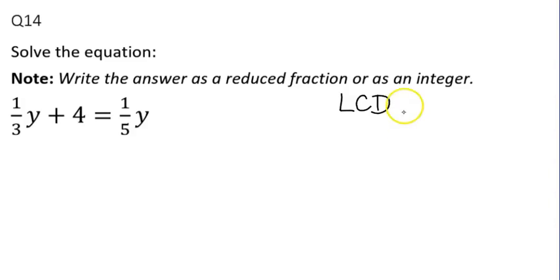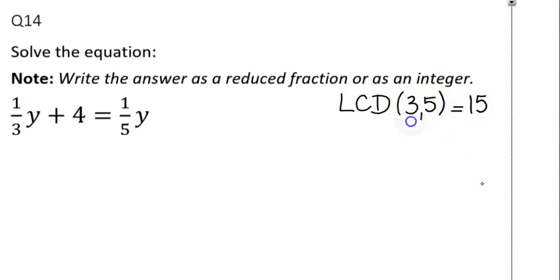But if I find the LCD of all the numbers on my denominator, it is 3 and 5. What is the LCD for 3 and 5? It's 15. I know that I can multiply because this is a prime and this is another prime. And then I just multiply. And then I use this 15 and I multiply each term that exists on this equation.